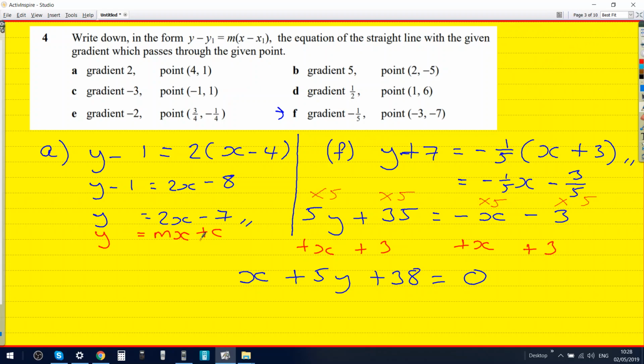If they want it as y equals mx plus c, just expand the bracket and make it y equals. If they want it as ax plus by plus c equals 0, where a, b, and c are integers, so basically no fractions, expand the bracket and then multiply everything by the denominator.